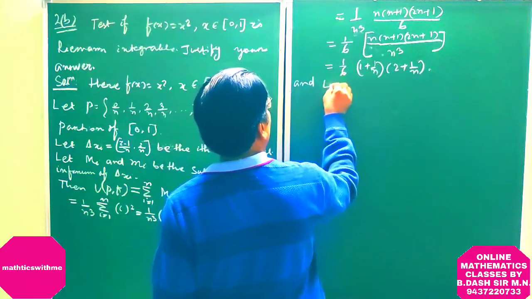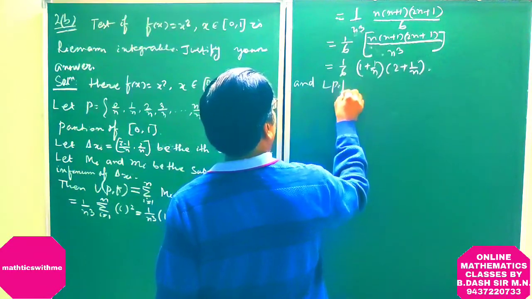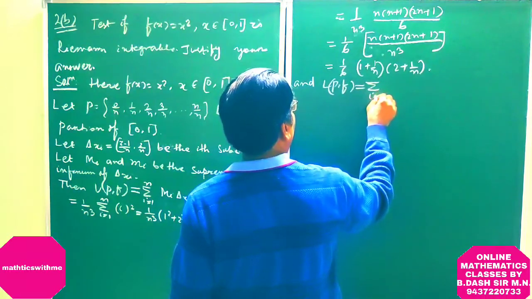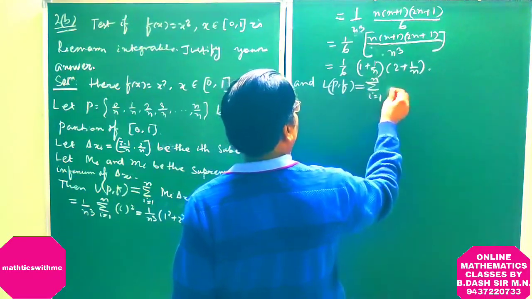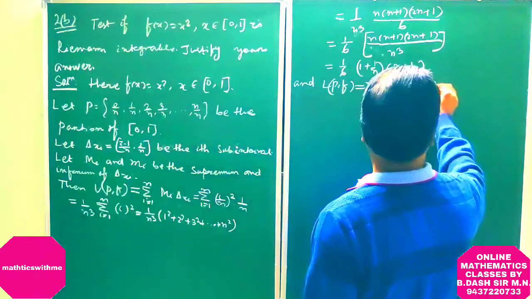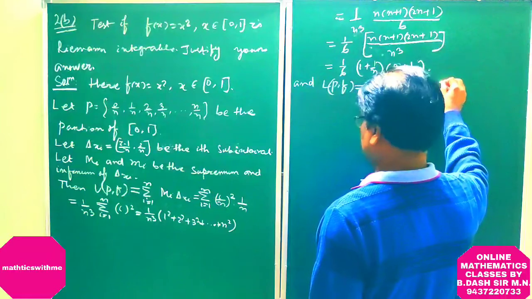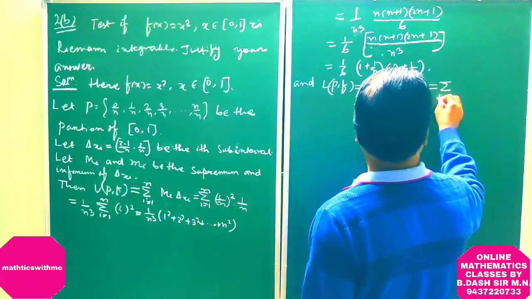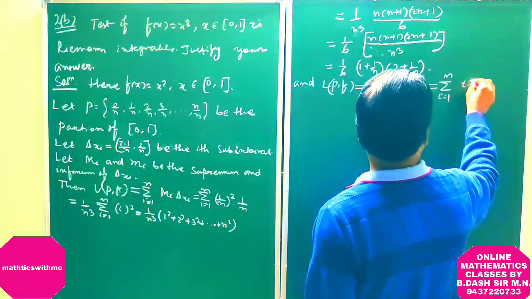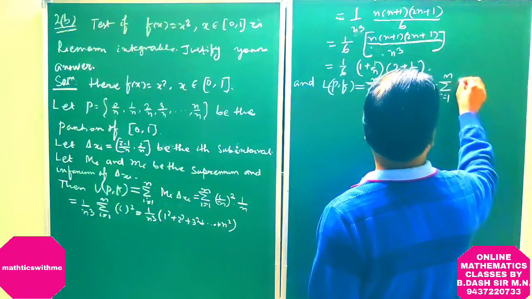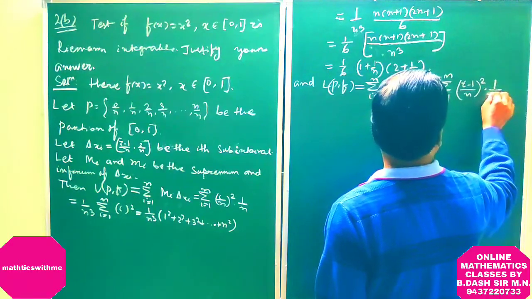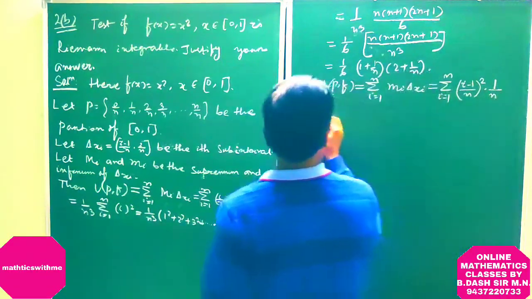And LPF is equal to summation i is equal to 1 to n small mi delta xi, equals summation i is equal to 1 to n (i minus 1 by n) whole square times delta xi, which is 1 by n.